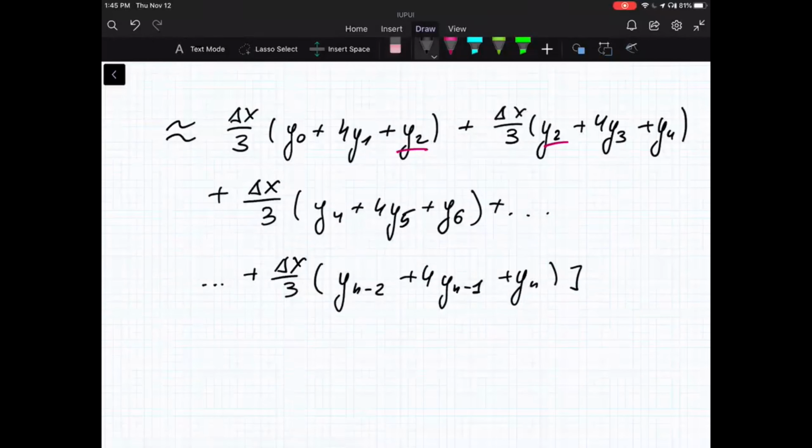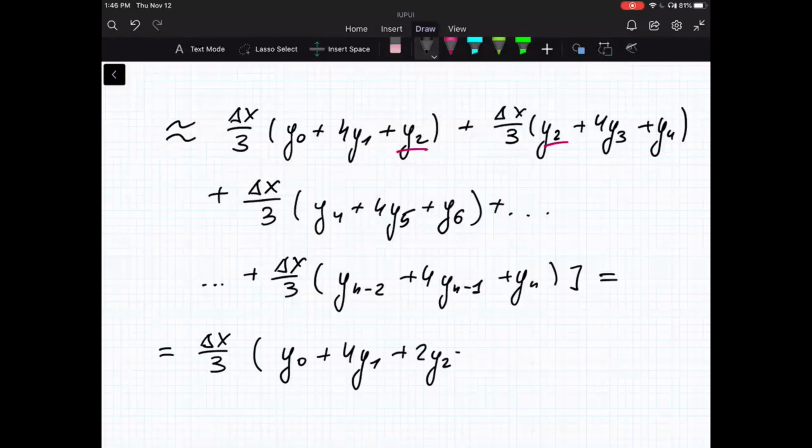Finally, you can simplify it and see that this is the same as delta x over 3, the common factor, times y0 plus 4y1 plus 2y2 plus 4y3 plus 2y4 plus 4y5 plus 2y6 and so on.